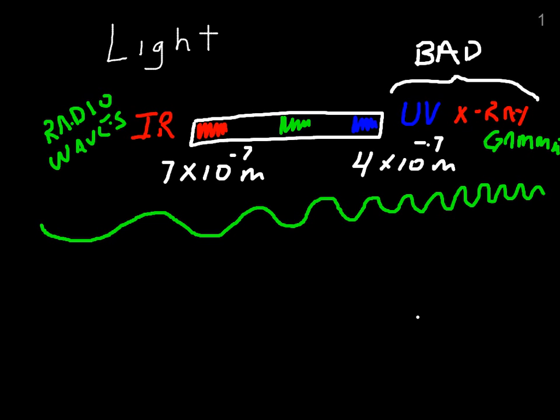So what you have is the least hazardous waves have long wavelengths. The most hazardous waves have short wavelengths. So I have a general increase in frequency as I move across too, from left to right.